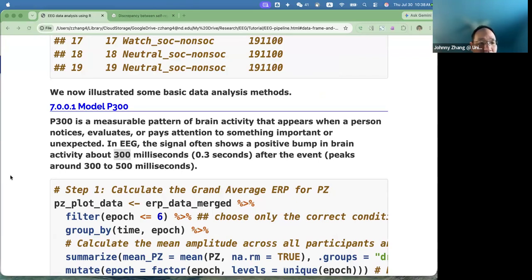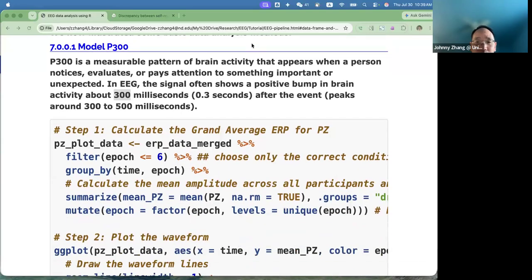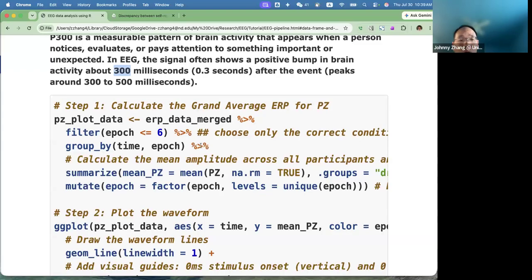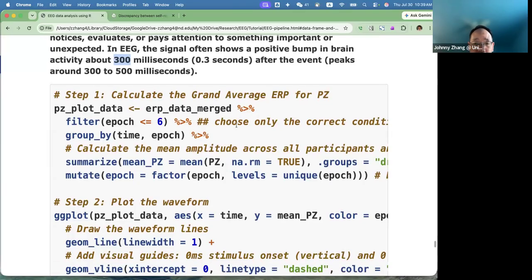So now let's analyze this data. As I mentioned earlier, I only want to look at the first six epochs.